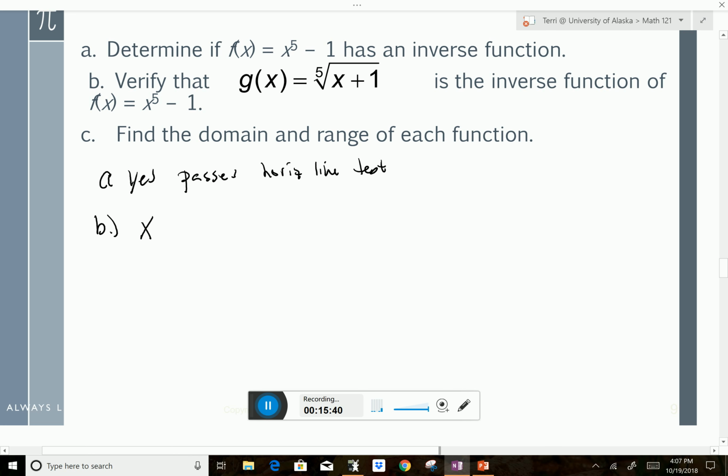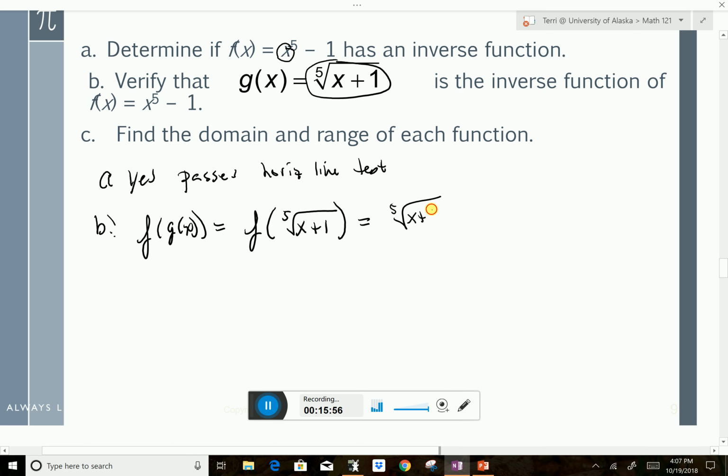If we have f of g of x, f of the fifth root of x plus 1, instead of x, we put this in here: the fifth root of x plus 1, to the fifth power, minus 1. Any fifth root of something to the fifth power will be x plus 1, minus 1 equals x.